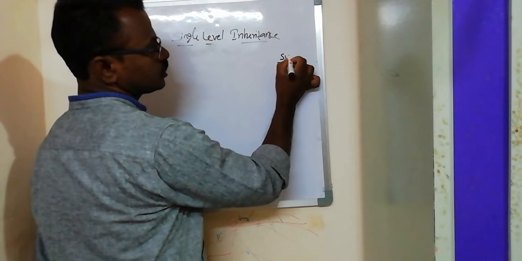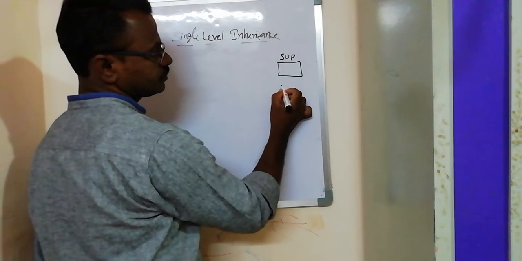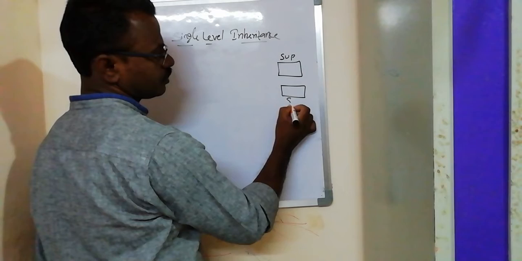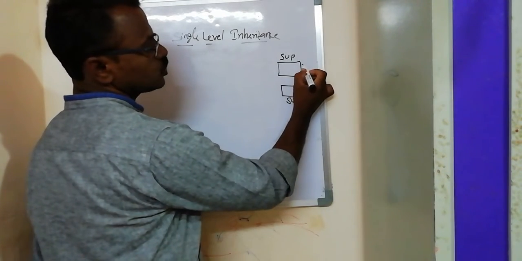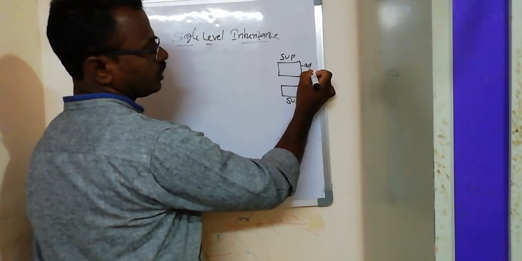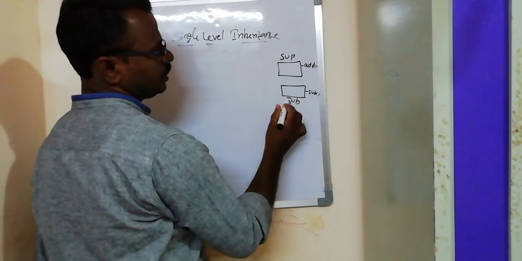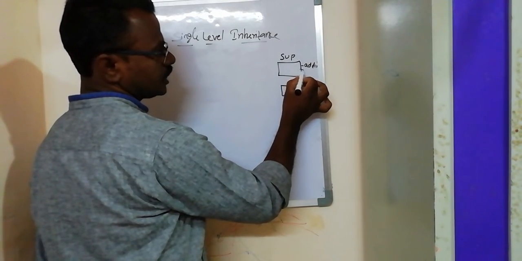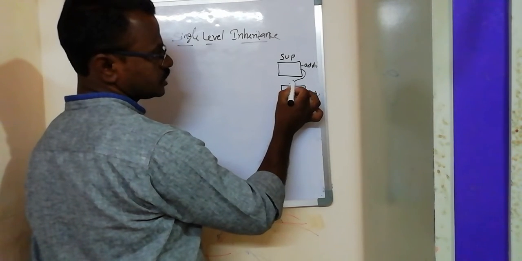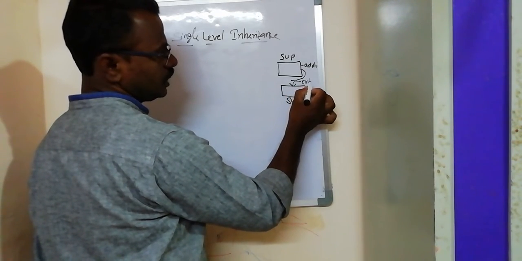This is the one superclass, this is the one subclass. The superclass can contain one add method, the subclass can contain one sub method. The superclass properties inherit in the subclass using the keyword extends.